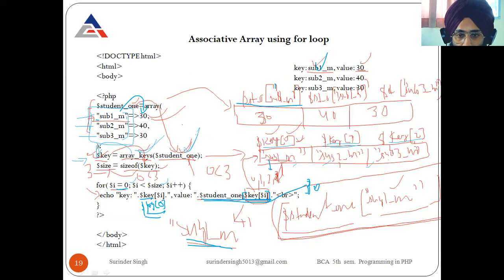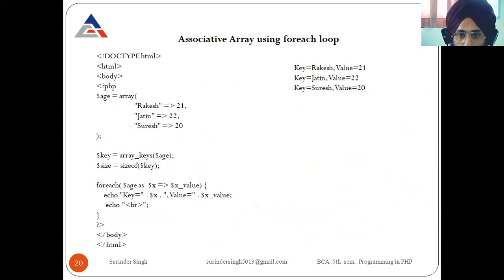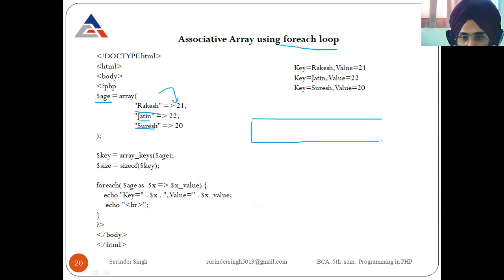Now next is the example of using the foreach loop. How to use the foreach loop? Here we have an age array and assign these keys to values like 21. How does it look in memory? Here the array name is age, and the first key is Rakesh, having value 21.